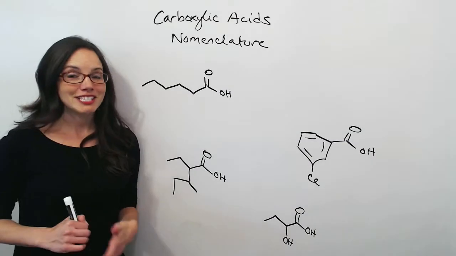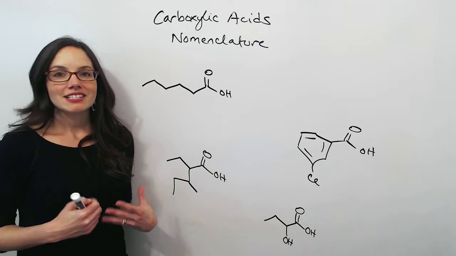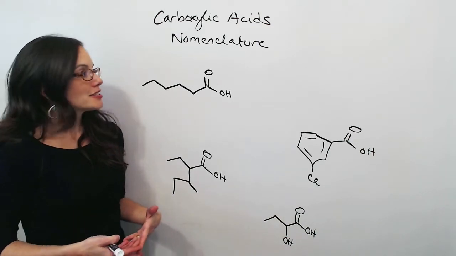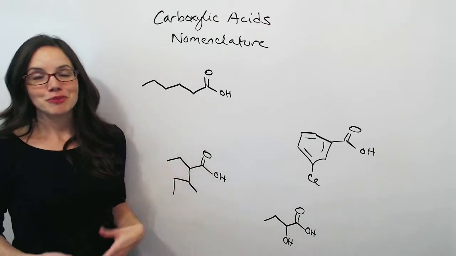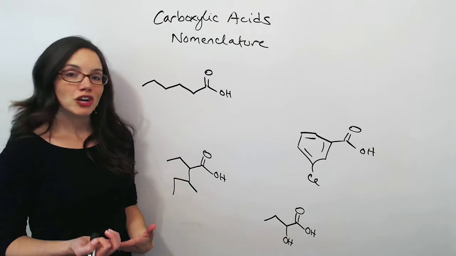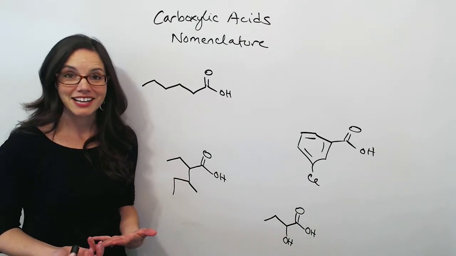Let's take a quick look at some nomenclature of carboxylic acids. Carboxylic acids are actually the dominant functional group out of all your functional groups. So whenever you see a carboxylic acid group, you know that that's going to be your highest ranked group. And so your first job is to find the longest carbon chain that contains the carboxylic acid group.